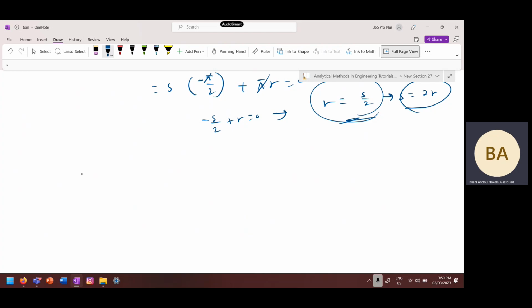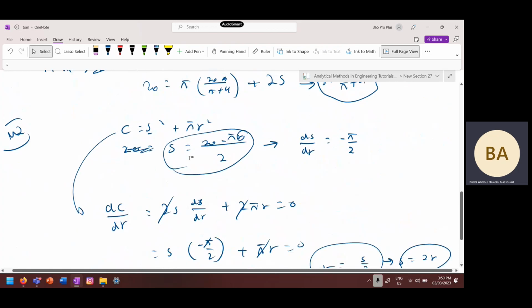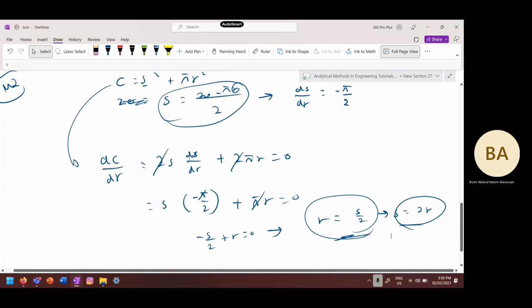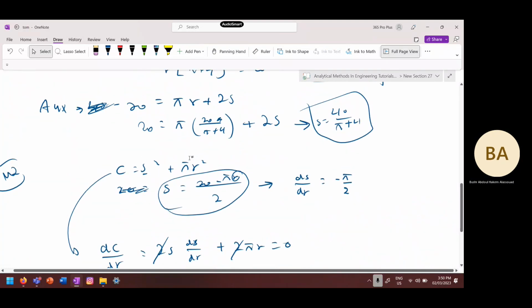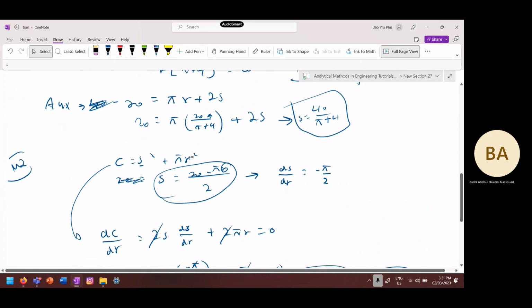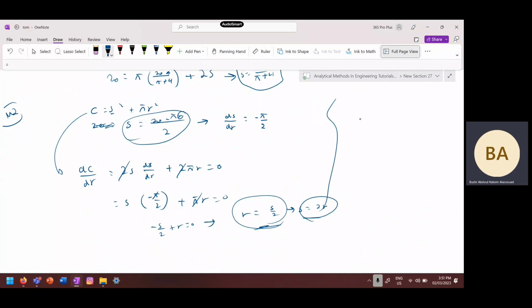Substitute it back in the auxiliary function. Where's the auxiliary function? Okay, where is it? Okay, the auxiliary function. Substitute it back into the auxiliary function.